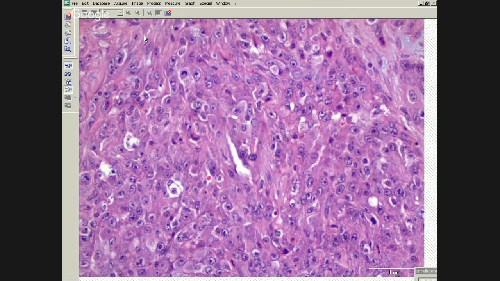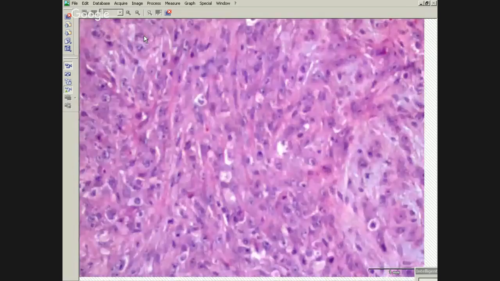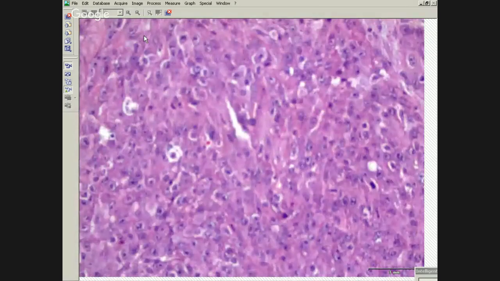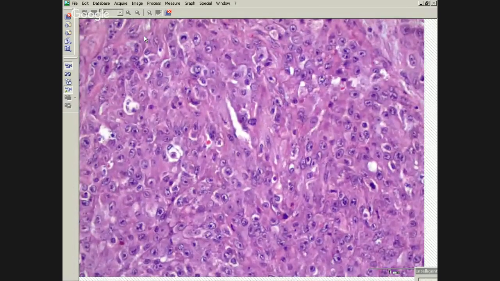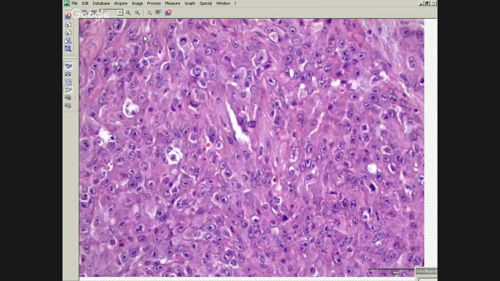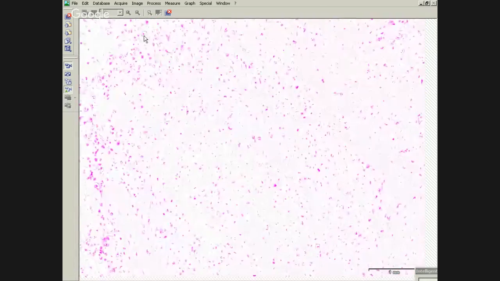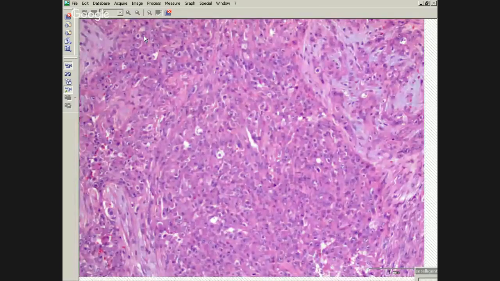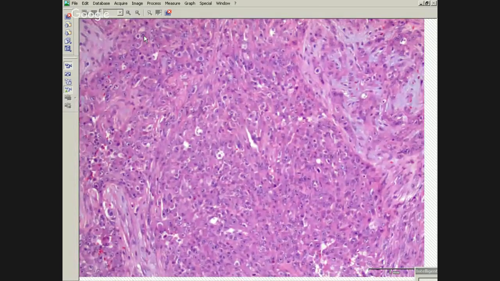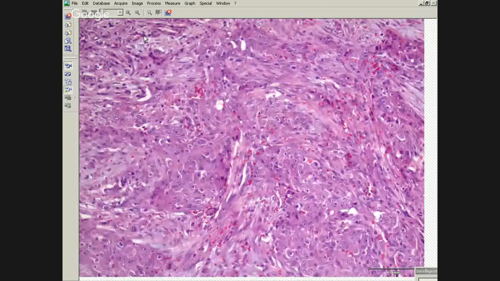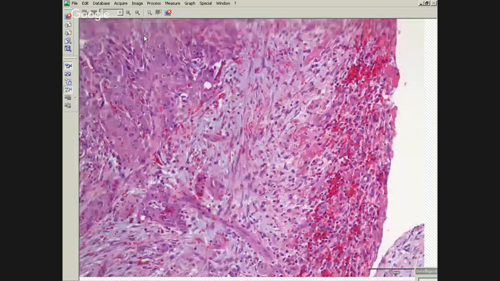So one of the first things you want to think about when you've got an epithelioid tumor that's either keratin negative or only weakly positive is a vascular malignancy of the pleura. Not to say that they're common, but that's sort of the next most common thing that you want to think about. And if you look around, we do see a lot of blood here.